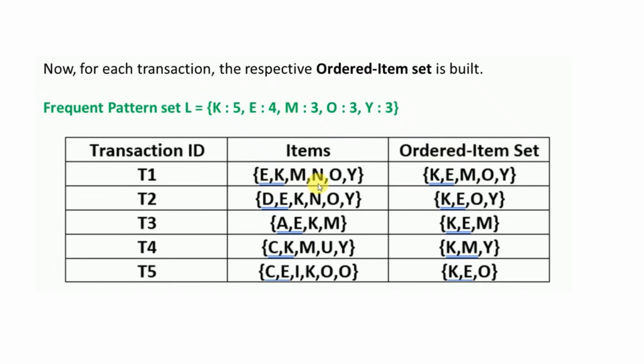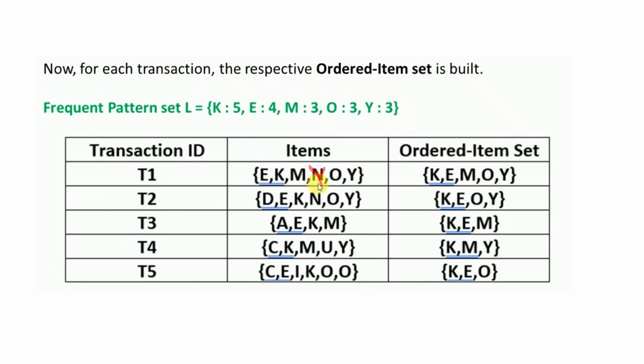Only those item sets present in the list must be considered. So here, out of this, we have E, K, M, O, Y, because this has been removed. We have to consider them in the descending order.